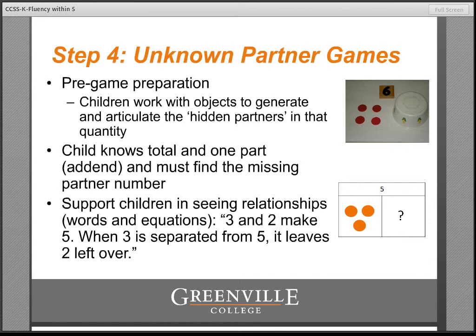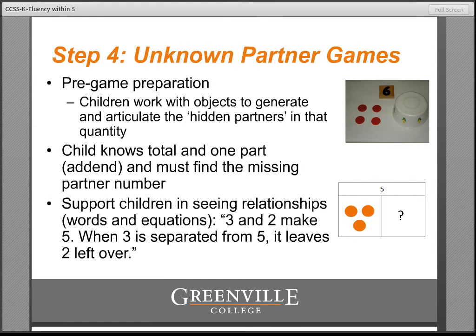So you have a target number and you tell them, play with these counters that have that, how many do you have all together, and what are some different ways that you can put them into 2 piles, and what are those different combinations you find out. So they work with a partner to just kind of get their mind brainstorming about this. And this is to allow them to remember what schema they actually have about how to pull a number apart and put it together right before they go into the game.